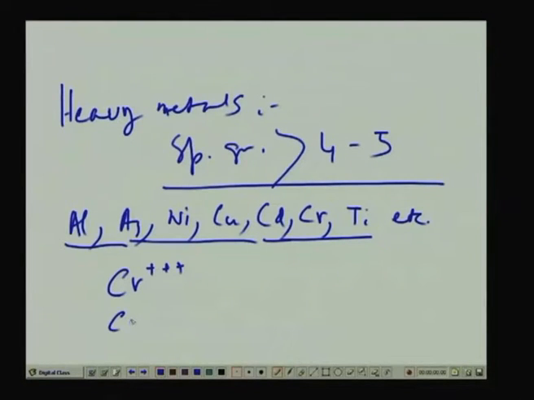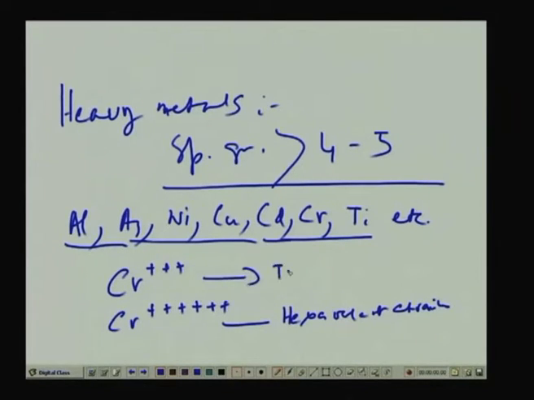Take chromium having valency 3 and chromium having valency 6. This is called hexavalent chromium, and this is called trivalent chromium. Of these two species, one of them is extremely toxic, whereas the other is not.